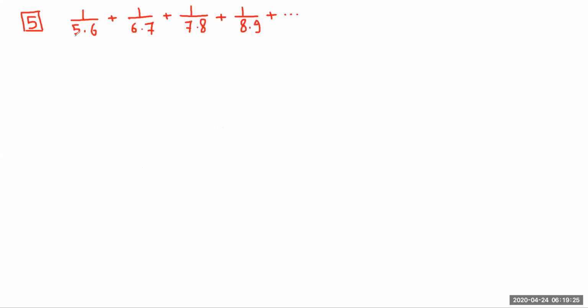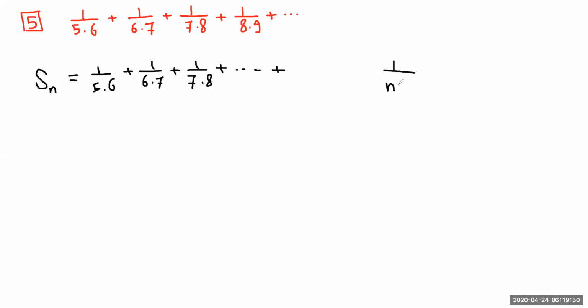Next exercise, here 1 over 5 times 6 plus 1 over 6 times 7 plus 1 over 7 times 8, etc. So let's suppose that Sn is 1 over 5 times 6 plus 1 over 6 times 7 plus 1 over 7 times 8 plus etc. up to 1 over n times n plus 1.